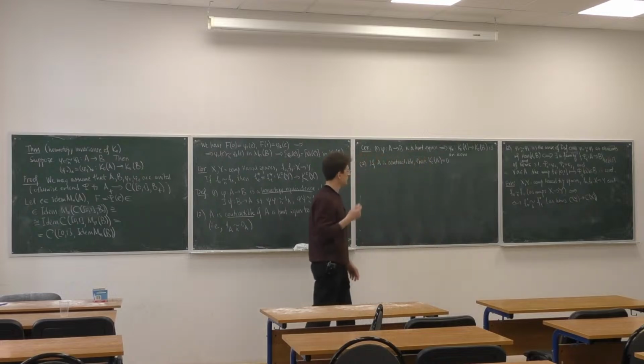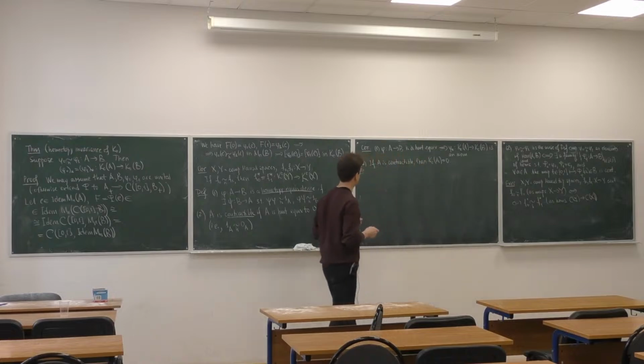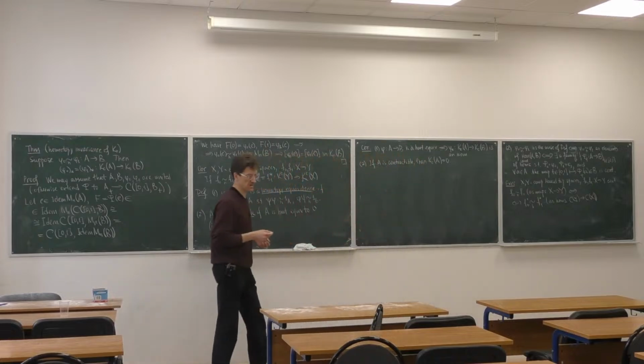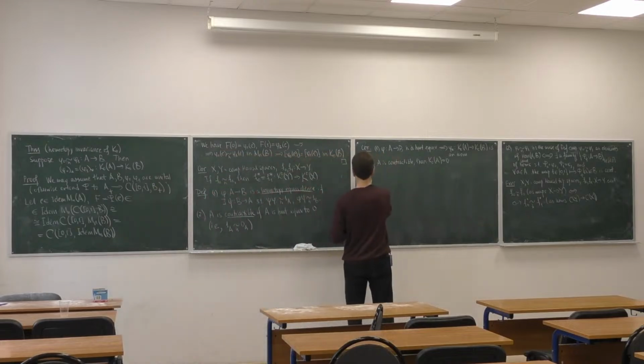Well, it's again a simple exercise to show that the homotopy equivalence of Banach algebras is compatible with the notion of homotopy equivalence between topological spaces in the following sense. So we have the following exercise.